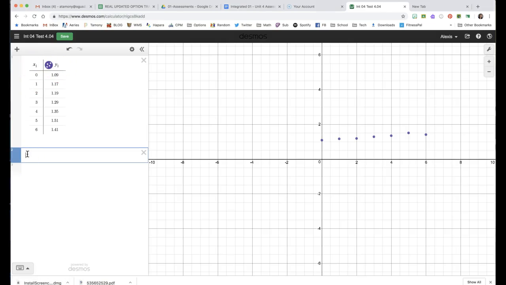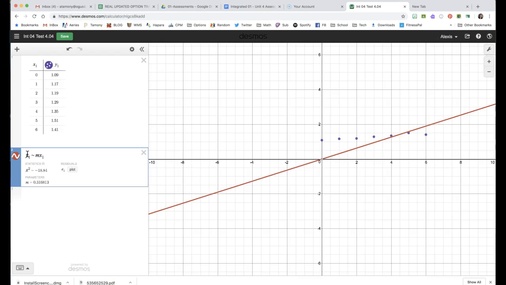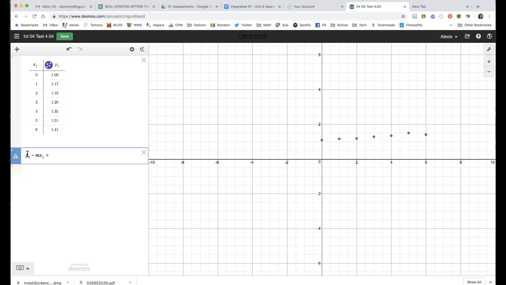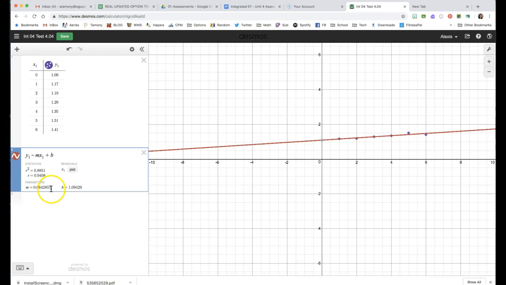So in the next row, we're going to type in Y1 and our little squiggle, M times X1 plus B. And there we go. There's the information that I need.